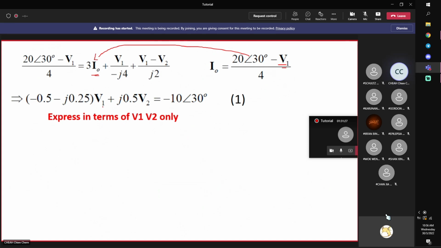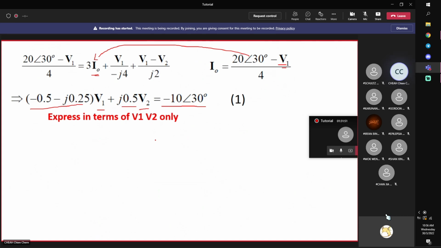Node voltages. So therefore I substitute this into here, I start simplifying it. To get an equation, the objective is to get an equation in terms of V1, V2 only. Right, you can see that here it's possible to have complex numbers as well, besides the complex coefficients. Okay, I have two unknowns, V1, V2.